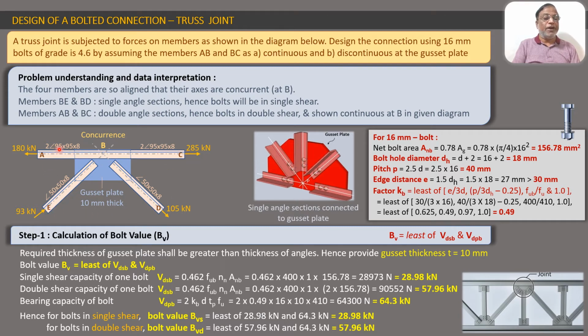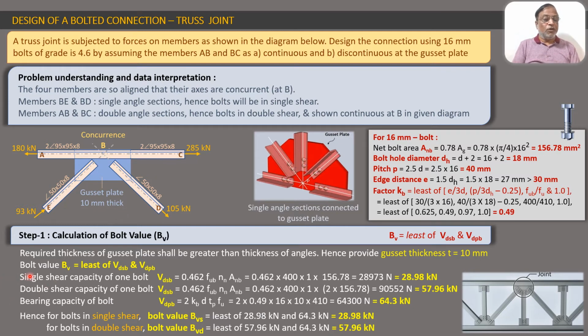In this 95 8 or 50 8, this 8 represents the thickness of the angle section. So we have to provide a gusset plate having its thickness greater than 8 mm. So we will provide gusset thickness as T equal to 10 mm. So here this blue gusset plate, we are calling it the 10 mm thick gusset plate. That is the first thing.